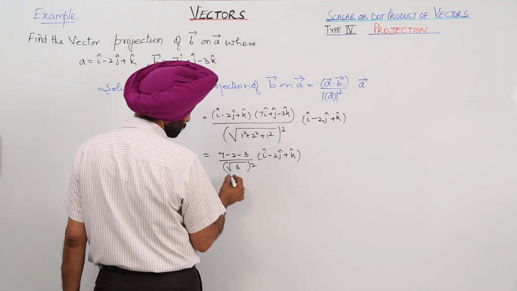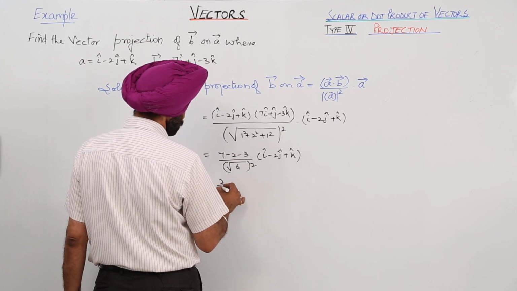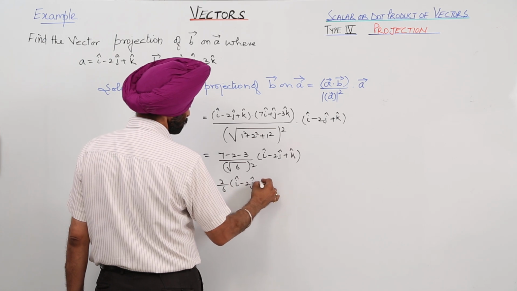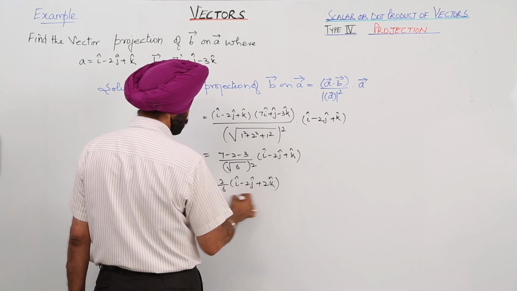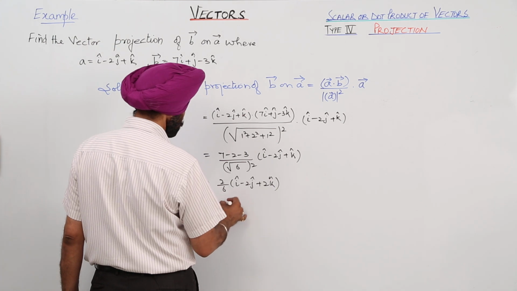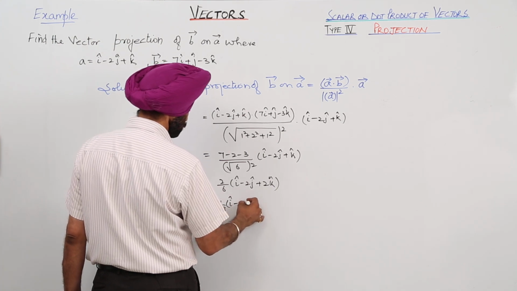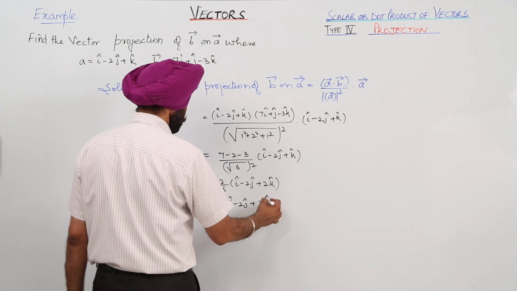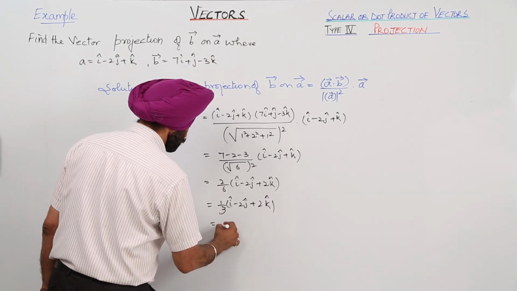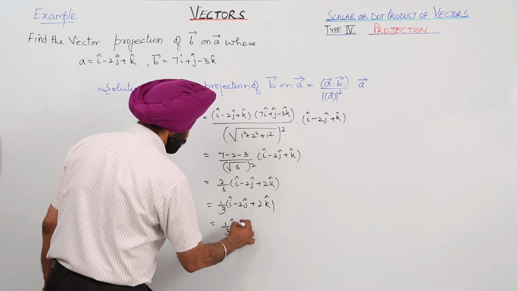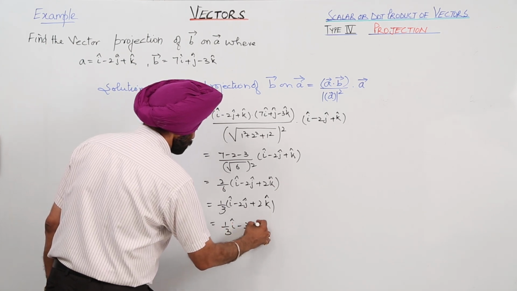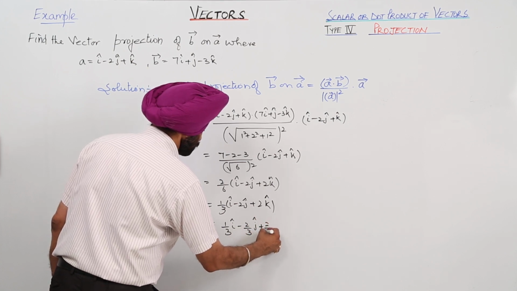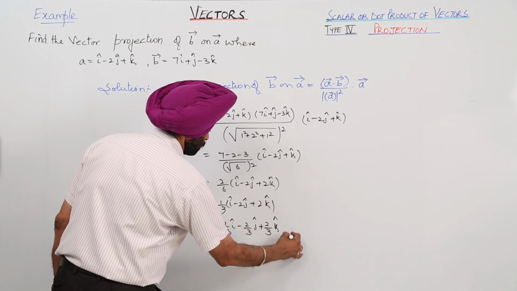This is equal to 2 upon 6, which is 1 upon 3, times the vector, so 1 upon 3 I cap minus 2 upon 3 j cap plus 2 upon 3 k cap. This is the answer.